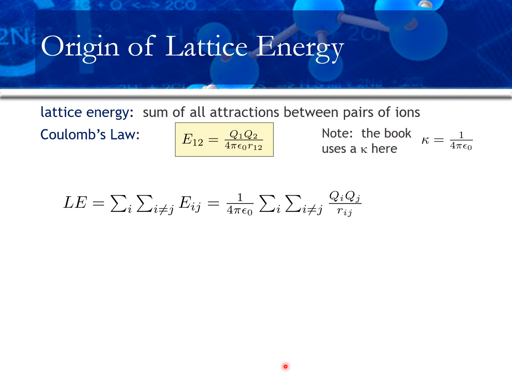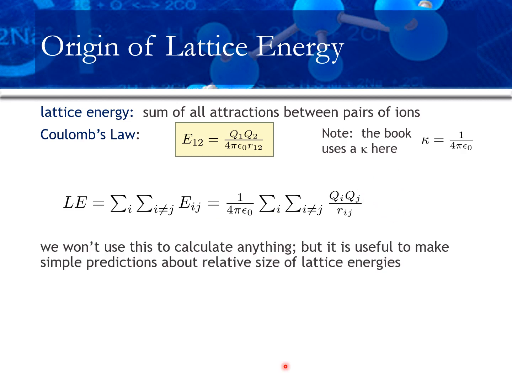And the point of this, again, we're not going to use this to calculate anything, but it is useful to make some simple predictions about the relative sizes of lattice energies. It tells us, look, we've got products of charges in the numerator. The bigger that product of charges, the larger the lattice energy is going to be. So if I have a +2, -2 pair of ions, that's going to lead to a larger lattice energy than if I have a +1, -1 pair of ions.